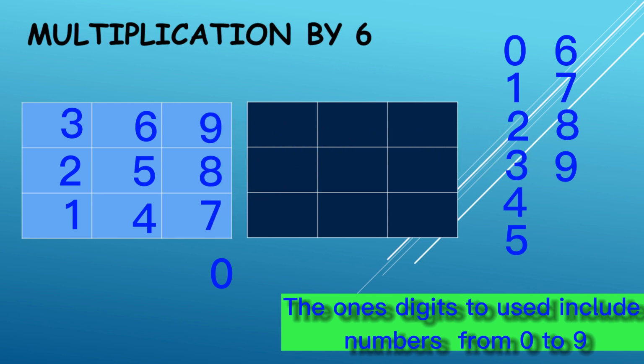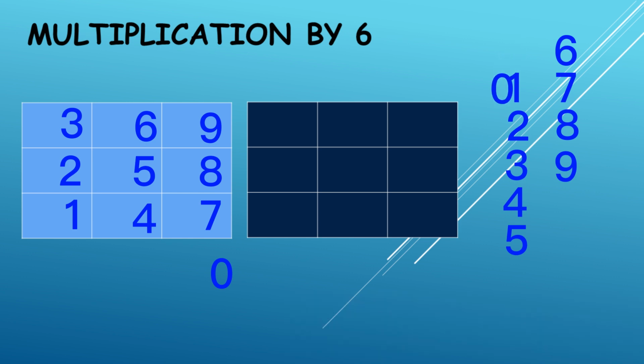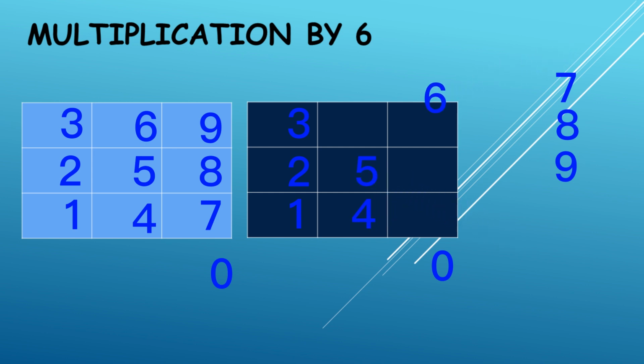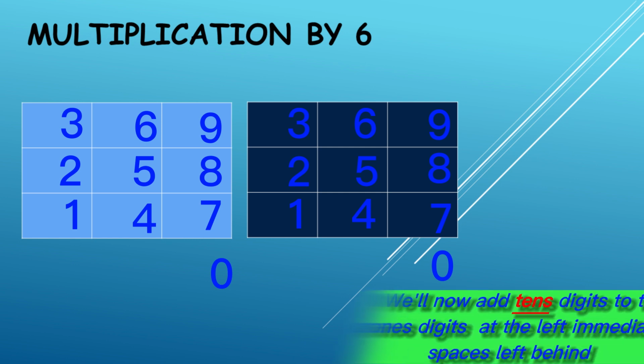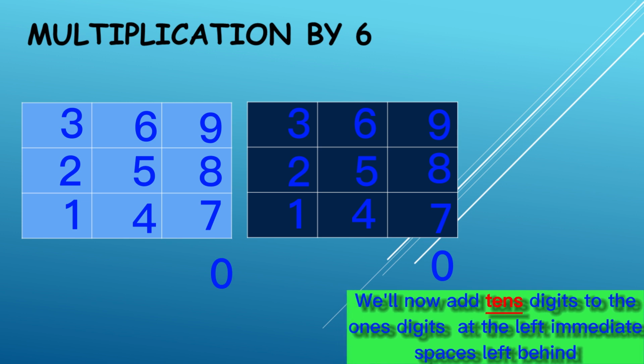To the second table, we are going to list the same set of numbers. 0 goes outside, we have 1, 2 and 3. 4, 5 and 6 through the middle, 7, 8, 9. Very good. What you may realize is that we listed all these numbers at the right immediate spaces from 0 to 9. Now we're going to add our 10th digit to the left immediate spaces that were left behind.